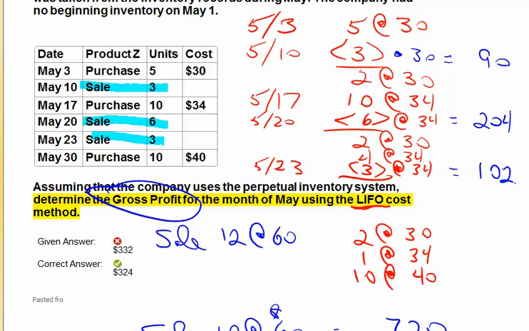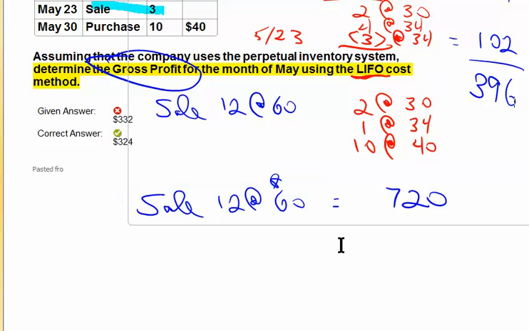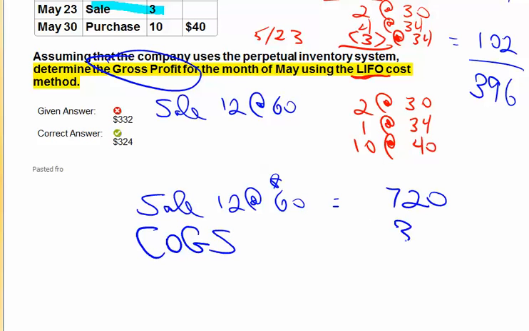Perfect. So that's what I sold. I can add all those up to come up with my cost of goods sold. Looks like 396. So cost of goods sold is 396. My gross profit is 324.